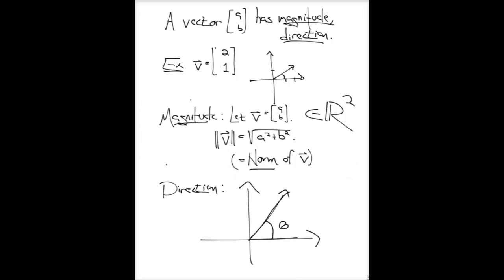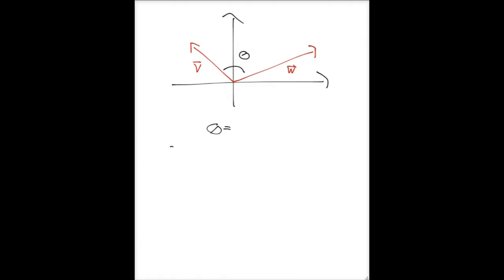We could do that, but we'll do something a little more general. What we'll do is measure the angle between any two arbitrary vectors in R2. So we'll replace the notion of direction with the notion of, one might say, relative orientation. By orientation of two vectors, we mean the angle separating them.